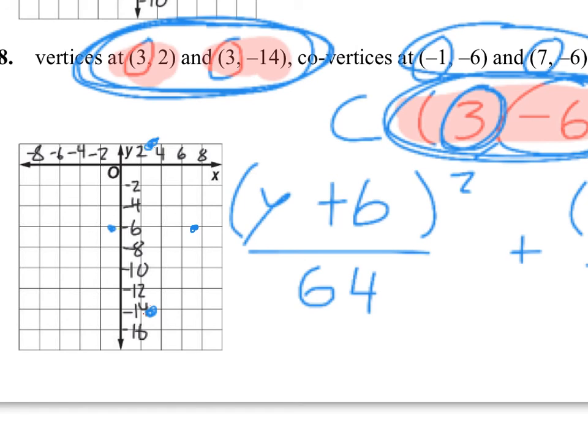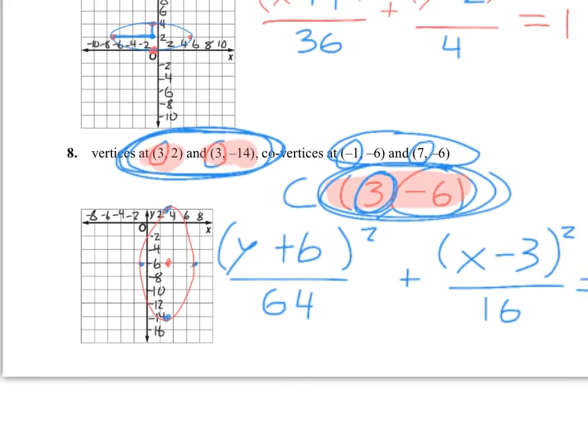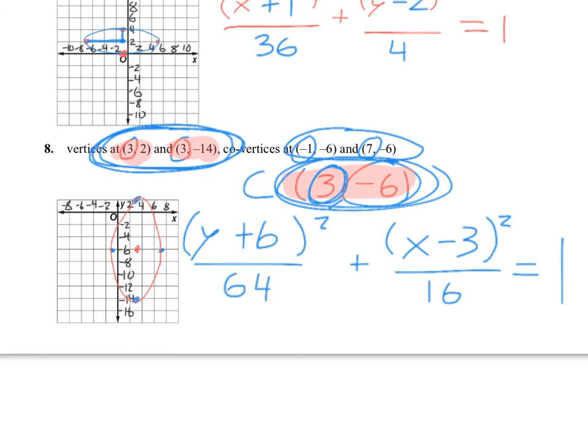The center has to be in the middle of both of those. So the center has to be here, which we already figured out was 3, -6. The ellipse is here. Looking at that picture, that ellipse is a lot longer up and down, so it's a vertical ellipse. Okay, that is all for the first half of 9.4.